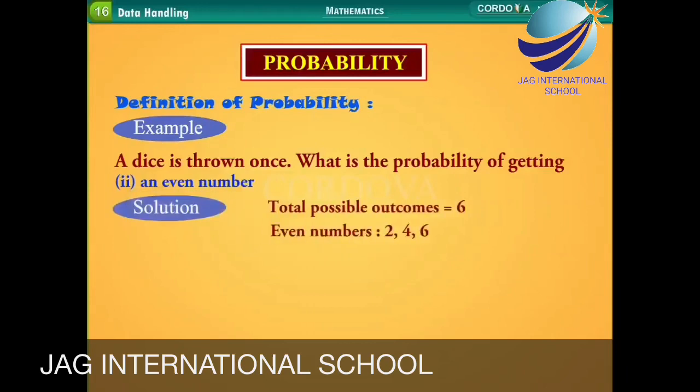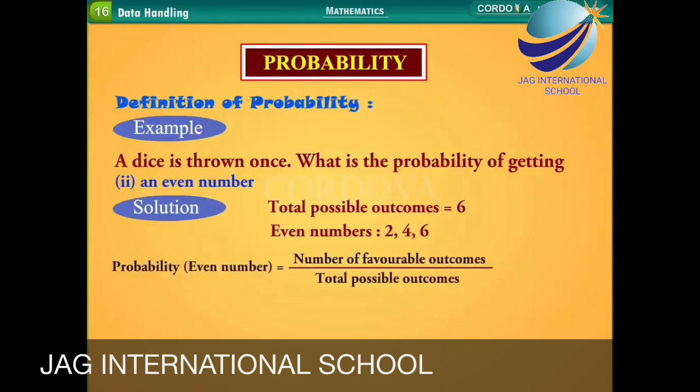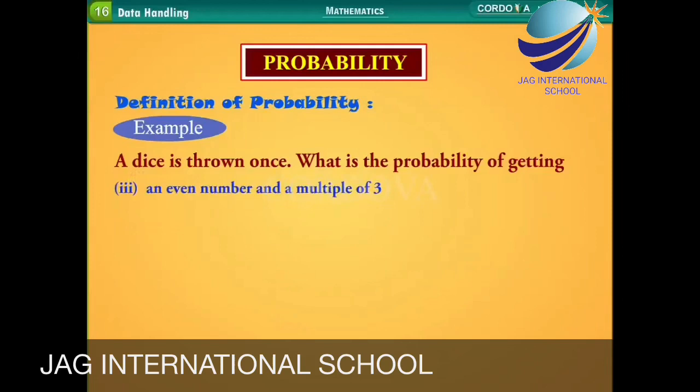Solution: total possible outcomes is equal to 6. Even numbers are 2, 4, 6. Probability of an even number is number of favorable outcomes upon total possible outcomes, which is equal to 3 upon 6, which is equal to 1 upon 2.